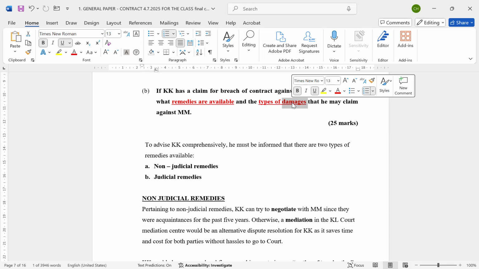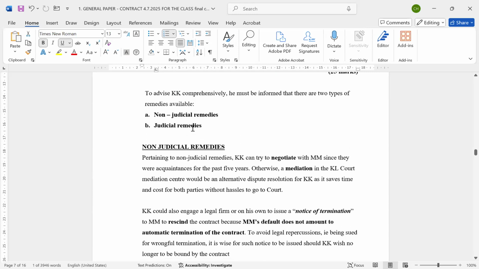Damage means kerosakan ataupun kerugian. Damages normally refer to money: how much compensation he is entitled to claim. So these are two different species altogether.